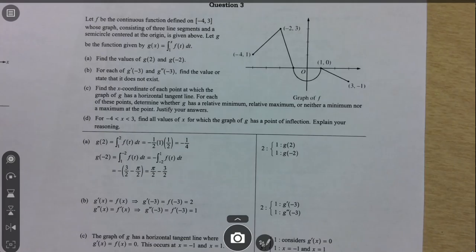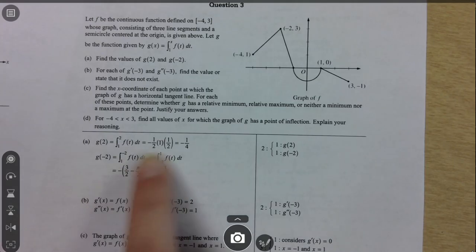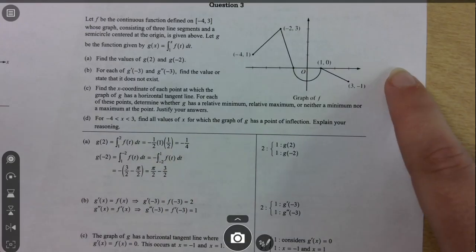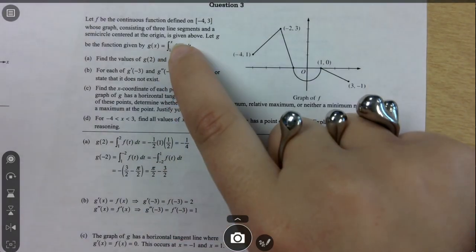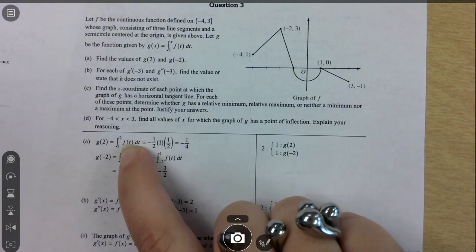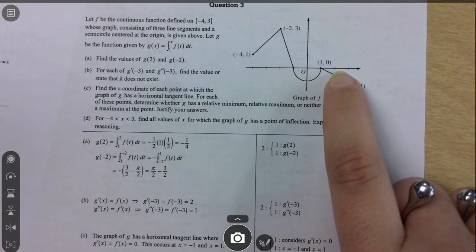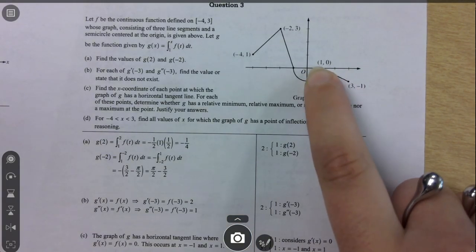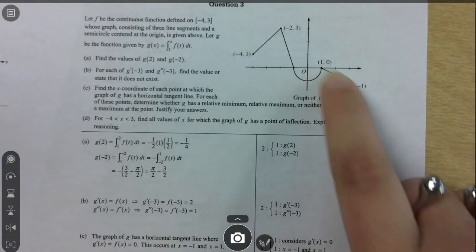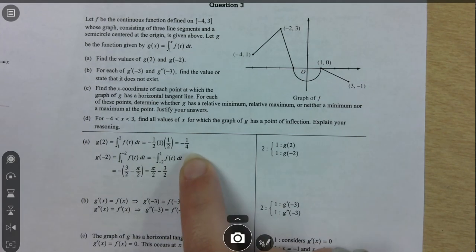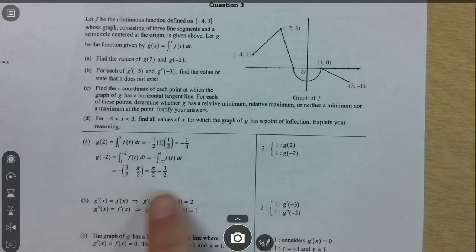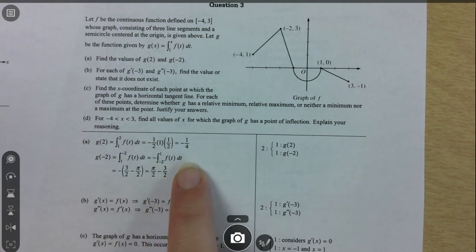Find the values of g(2) and g(-2). So g(2), so instead of doing x up top, we put in 2, so that's from 1 to 2. Finding that graph, we gotta find the slope of that graph to possibly do this. It should have been -4. Second one should be pi halves minus 3 halves.